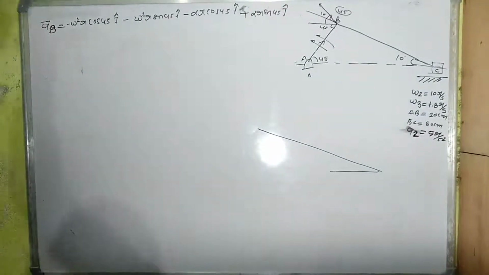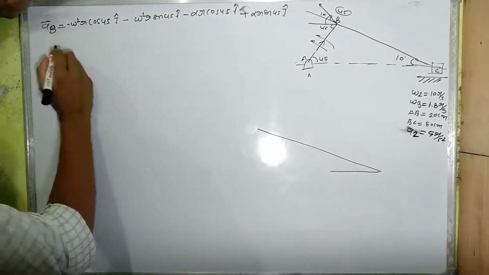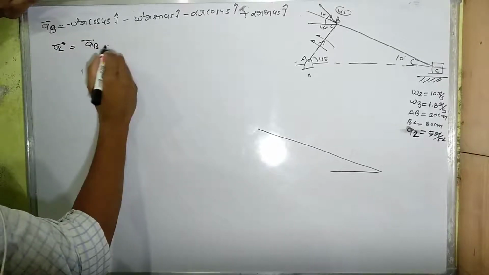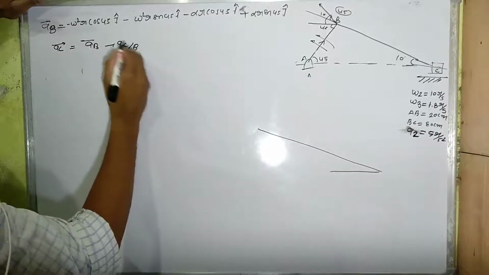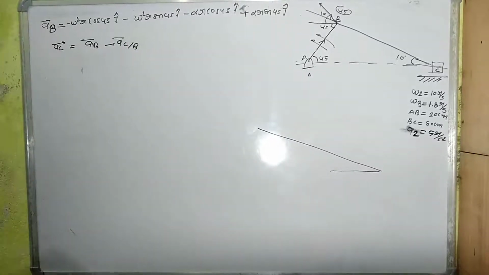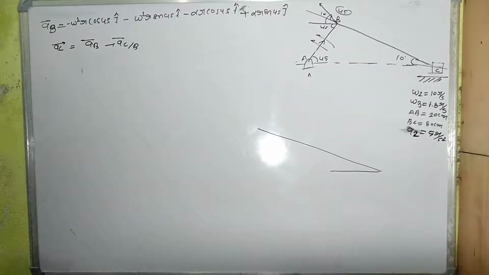Now you look at here. You know the acceleration of B, you have to find the acceleration of C. Now you can write acceleration of C equal to acceleration of B plus acceleration of C with respect to B. Why? Because you know the acceleration of B, and with the help of B you have to find the acceleration of C. You know that C can move only in the plus I cap direction or minus I cap direction.